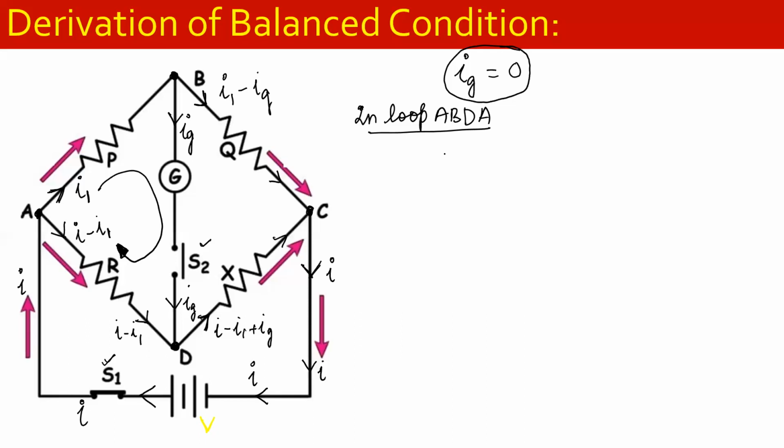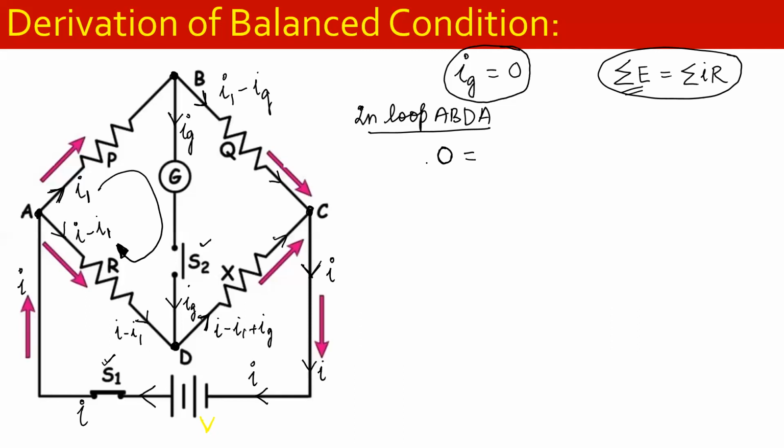That means there is no EMF in the loop. So the summation of EMF will be 0 because KVL says summation of E must be equal to summation of I into R. As there is no battery in this loop, summation of E is going to become 0. What about the potential differences?